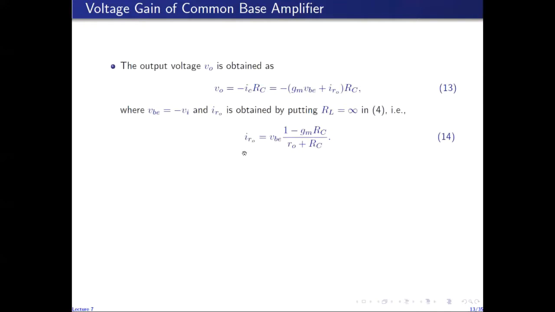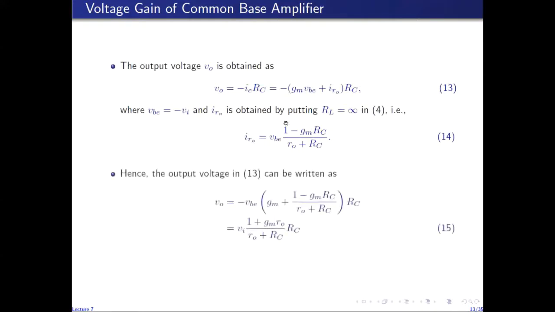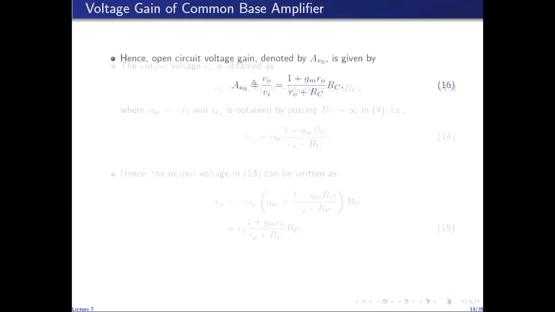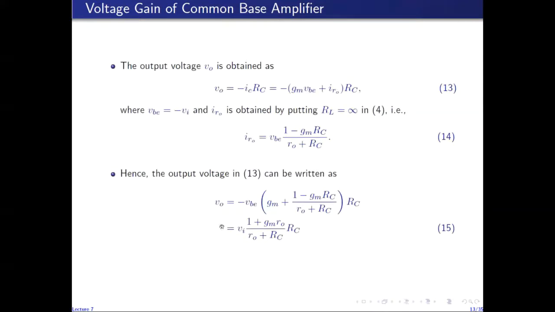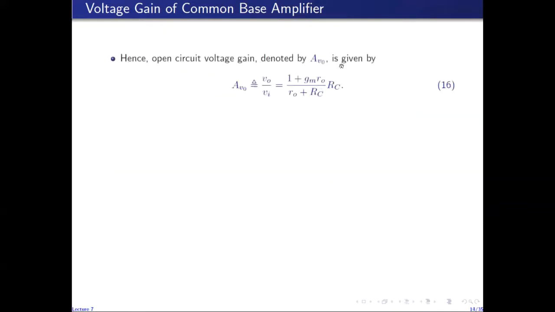So putting this IR naught into this equation and realizing that minus VBE is equal to VI, taking the LCM and simplifying, we get this expression for the open circuit output voltage of common base amplifier. So dividing with VI on the left hand side, we get this factor as the open circuit voltage gain of common base amplifier.